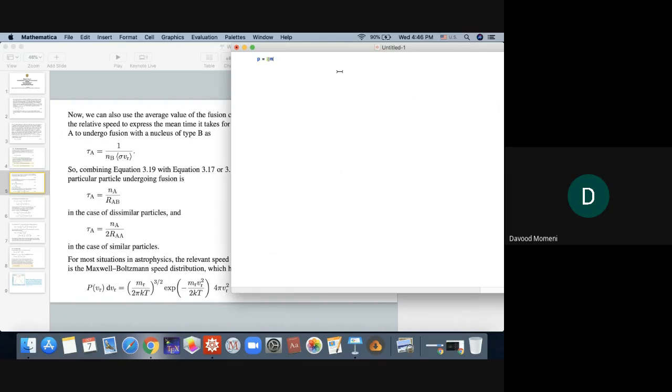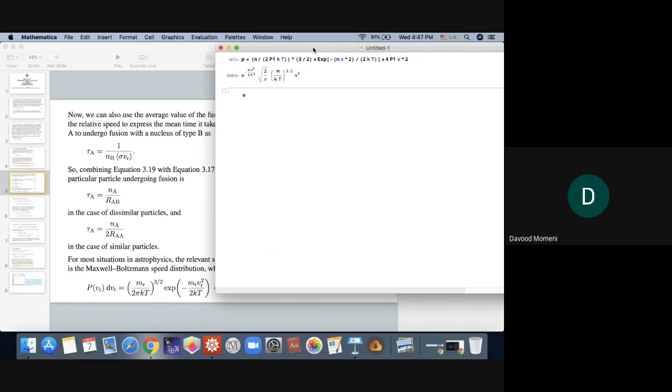P is (m over 2 pi kT) to the power 3 over 2, times exponential of minus m v squared over 2kT, times 4 pi v squared. I deleted the v_R and wrote v, okay? This is the distribution.